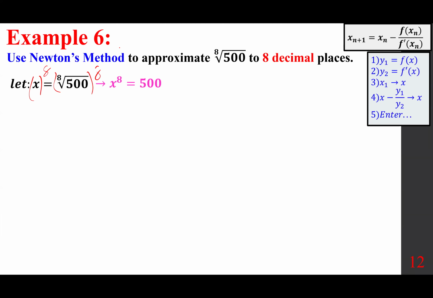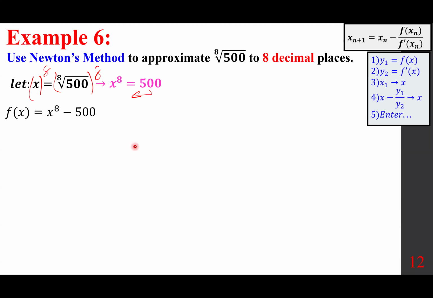And now we bring them to the same side. For example, this way, x to the power of 8 minus 500 is 0, and we call it f of x. So let f of x represent x to the power of 8 minus 500. What it means is that if we find the root of this function, the x-intercept of this function, that's the answer to the 8th root of 500. I hope you can see and you can follow.